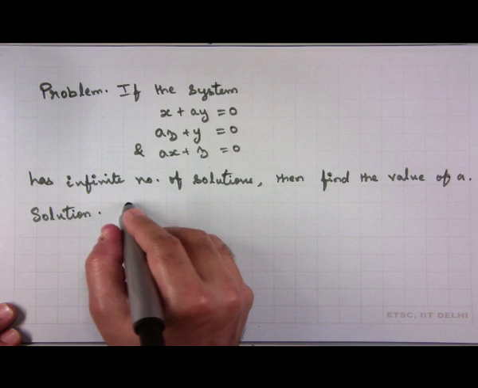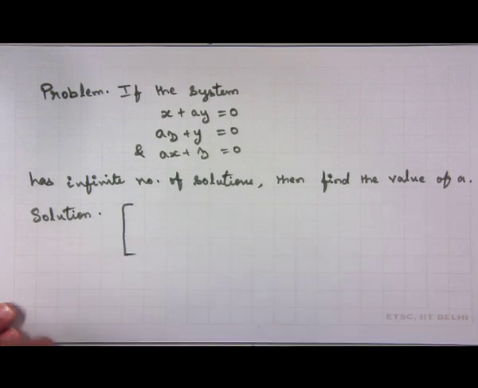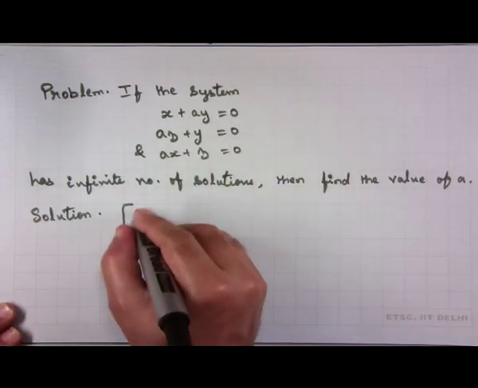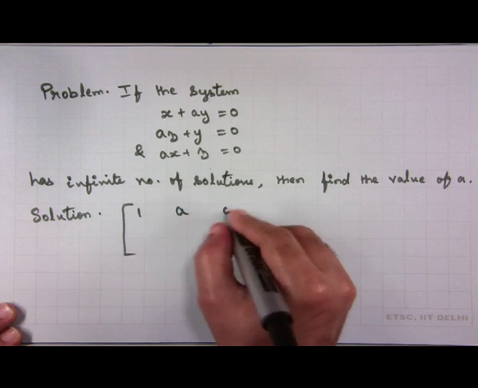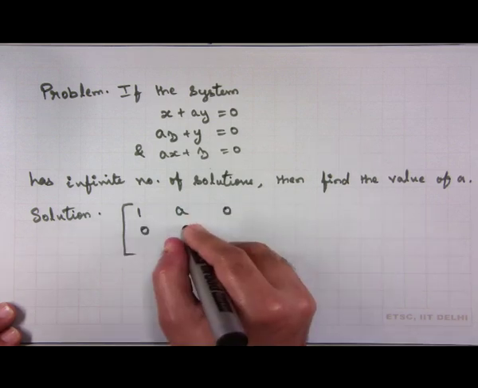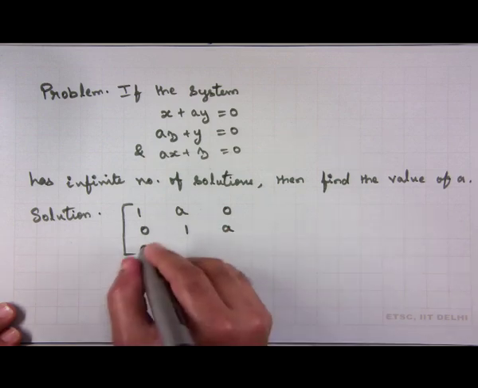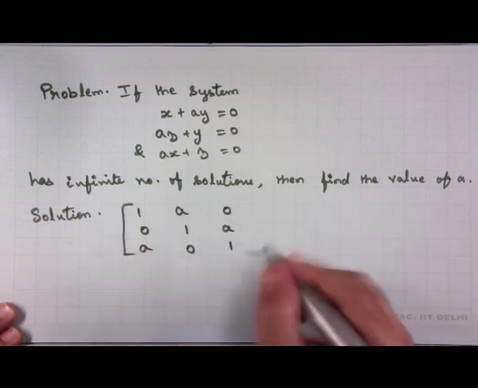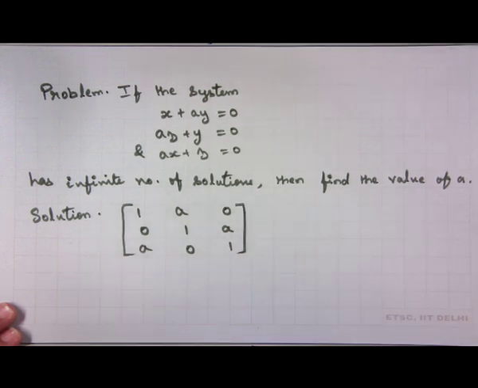Let us try to write down the coefficient matrix, because you have only the zeros on the right hand side, 1 a 0, 0 1 a, a 0 1. This is the coefficient matrix. Let us try to convert them into its RRE.